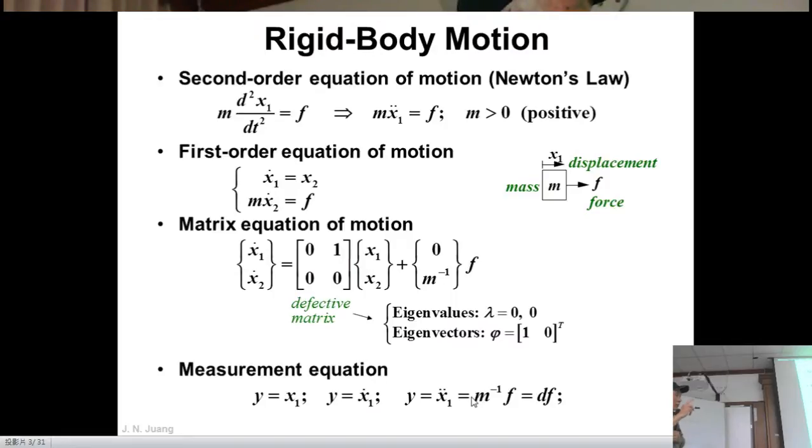Now you gotta look at this very carefully, because for any measurement, what kind of quantity will you have? From any electronic device, you get what? You get volts, you get amps. You are not going to get meters. You are not going to get centimeters. You are not going to get any physical unit.